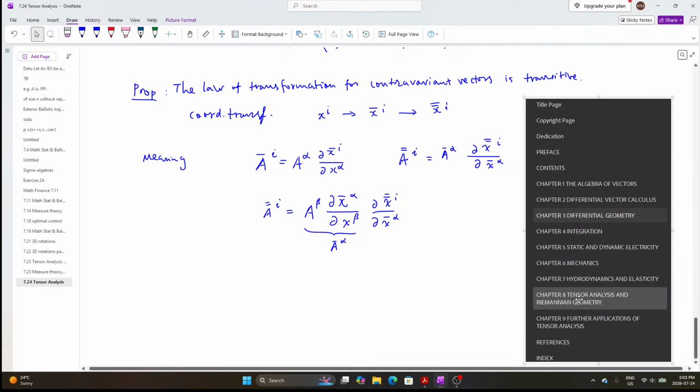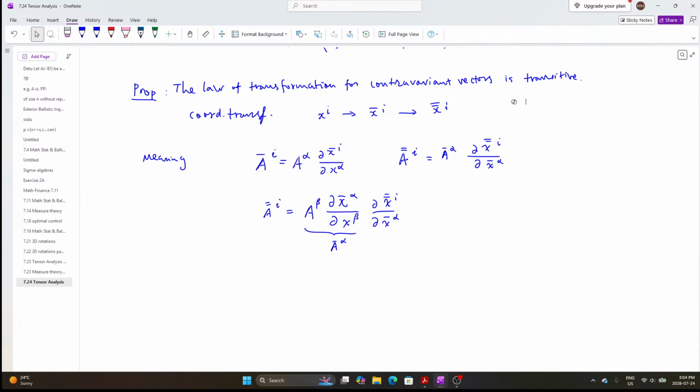Right now we're in chapter 8, Tensor Analysis and Riemannian Geometry, for the applications of tensor analysis, including Einstein's gravitational theory. This is such a great book. I like it a lot. It was used as a reference book for my own university vector calculus course, but we mostly used the professor's lecture notes and had no time to discuss much of the applications. Anyway, that's the book. Strongly recommended, by the way, if you can't tell already.